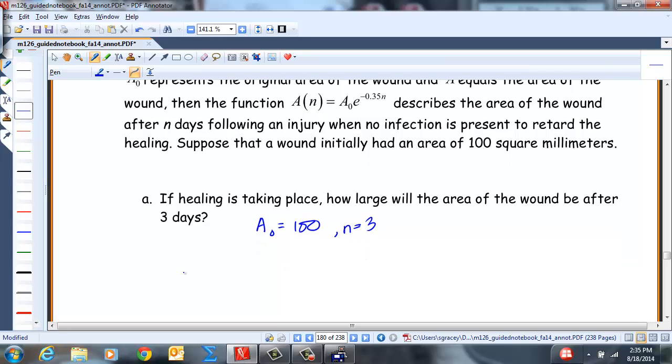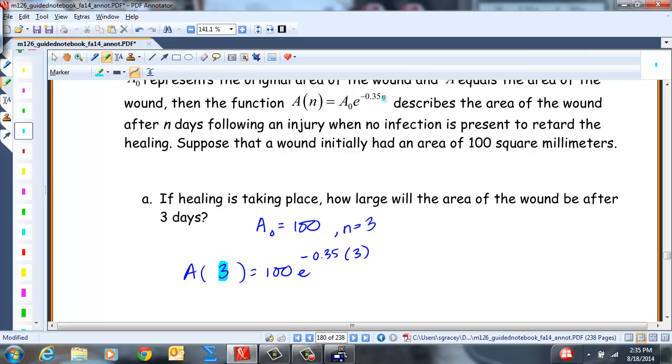So A evaluated at 3, my bad, will be 100 e to the negative 0.35 times 3. So we're basically plugging in 3 for n.